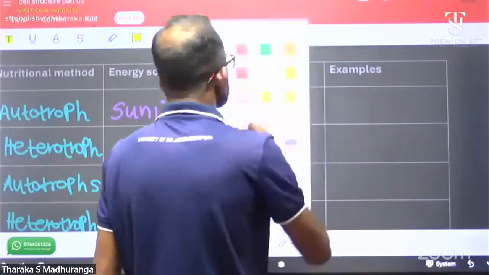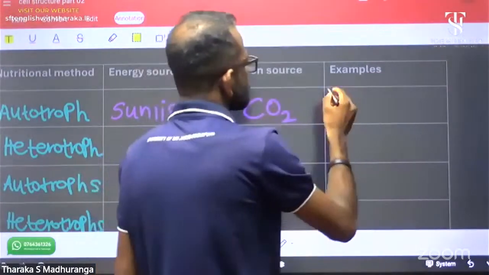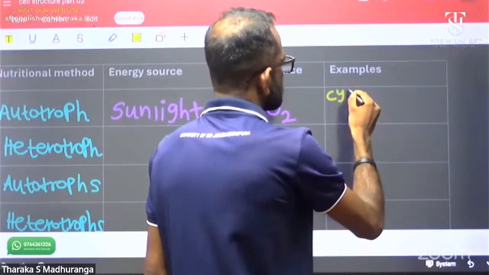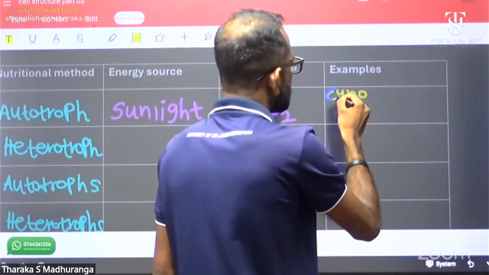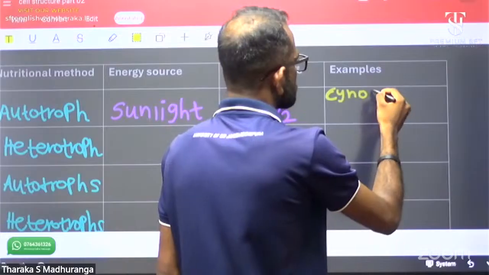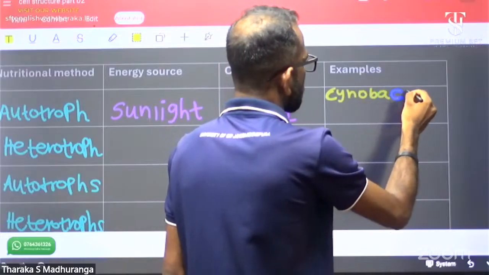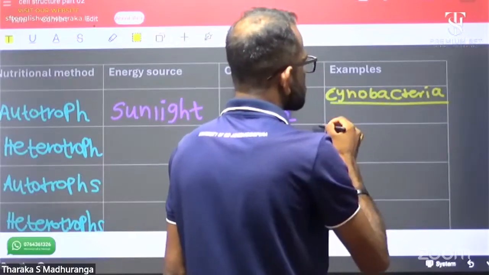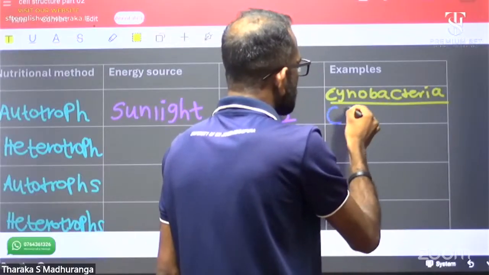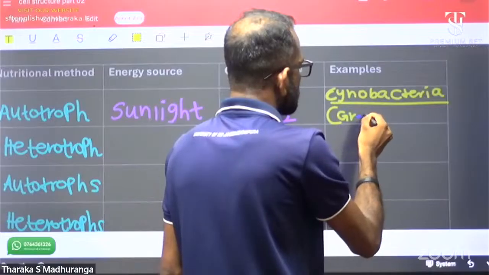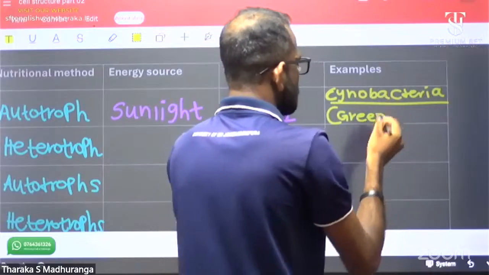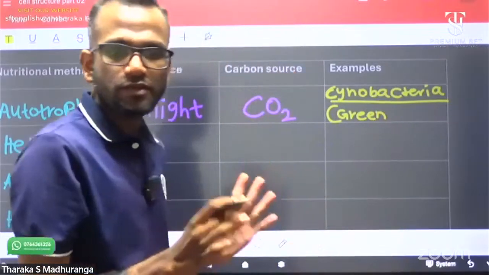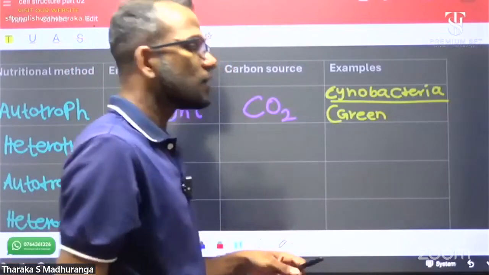The first one, cyanobacteria. There is another name, green sulfur bacteria. Green sulfur bacteria also, right?